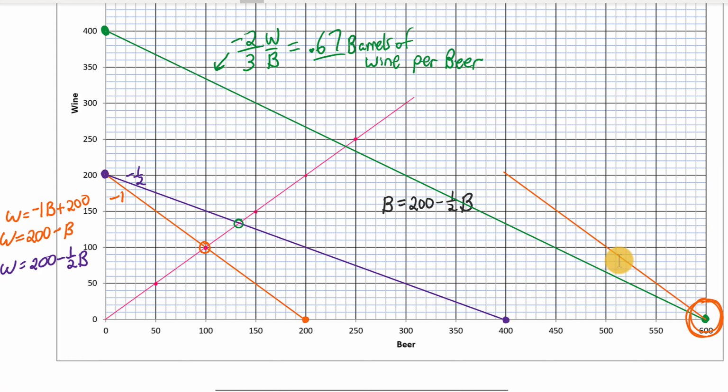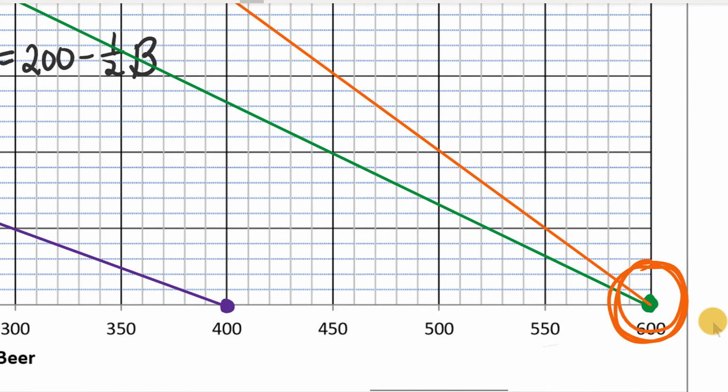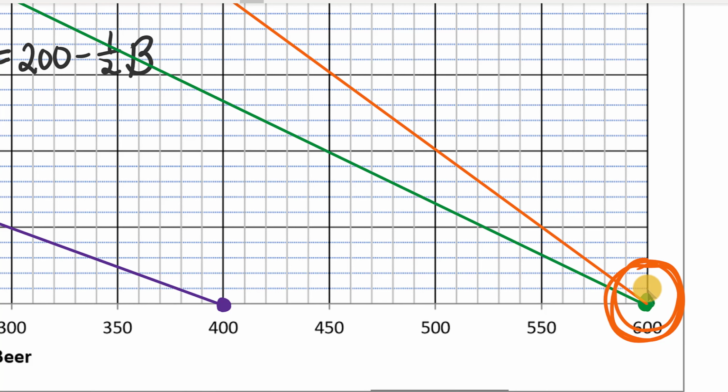So what this orange line is saying is, if these two countries were to combine forces and work together, and the very first workers that we send to make wine are going to be the French workers, then we're going to be going up 1 barrel of wine and over 1 barrel of beer, giving up 1 barrel of beer for each additional barrel of wine we want, right?